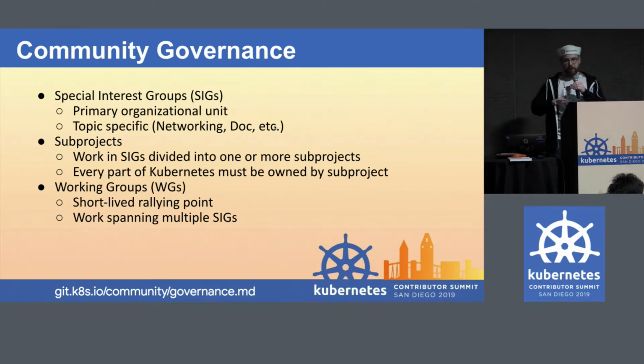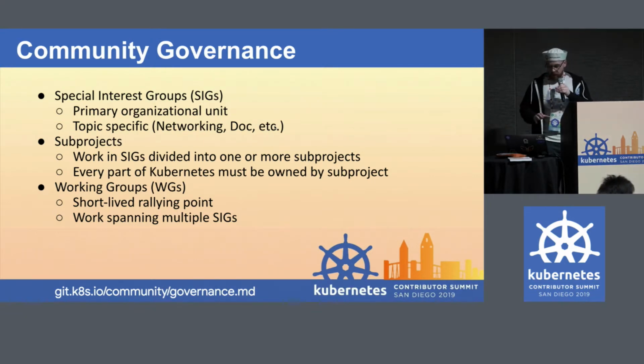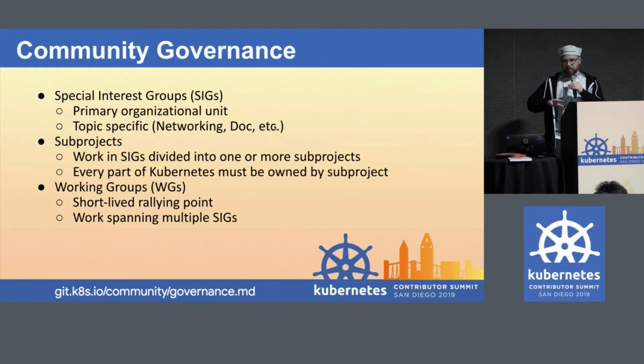Every single part of Kubernetes, any piece of code, any initiative has to belong to a sub-project. We'll see how that breakdown of ownership happens in a little bit. Most sub-projects map to a specific repo or a specific section of code.